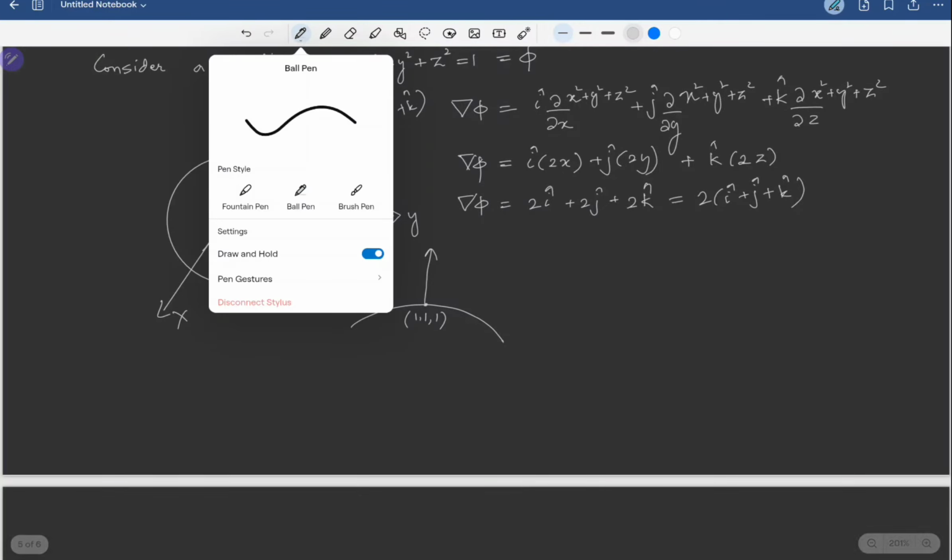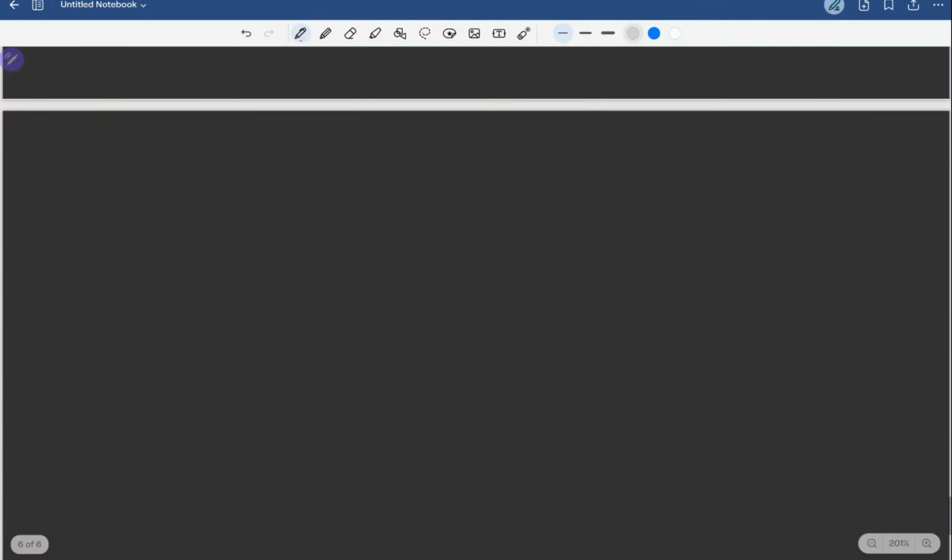So in general we can write del phi is the normal vector to the surface phi.